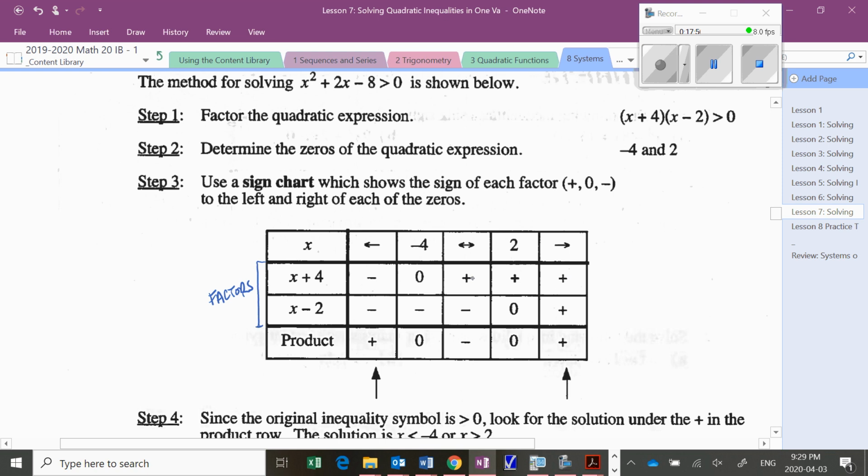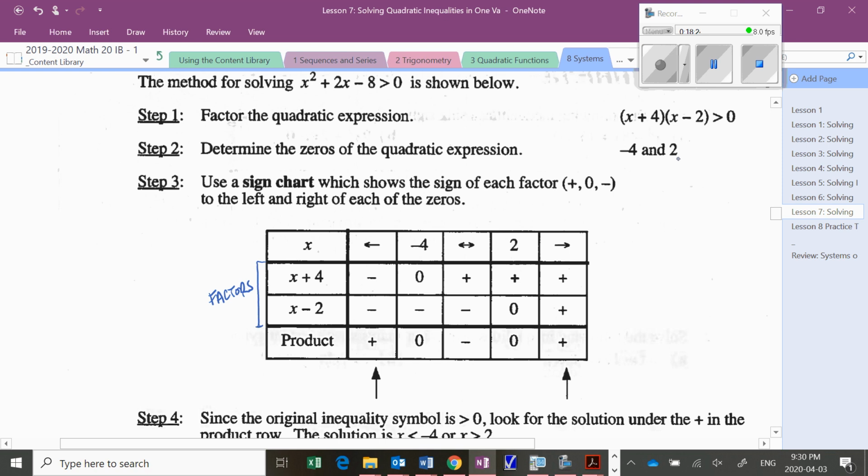So that covers the values that are between negative 4 and 2. Even if I substitute 2 in, 2 plus 4 is obviously 6, so that's positive. Any value greater than 2 substituted in is also going to be positive. So that's what you're seeing right here. Substitute negative 4 in, and that factor has a value of 0. Anything to the left is negative, and everything to the right is going to be positive.